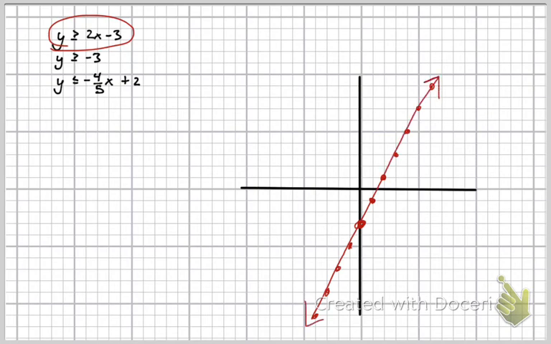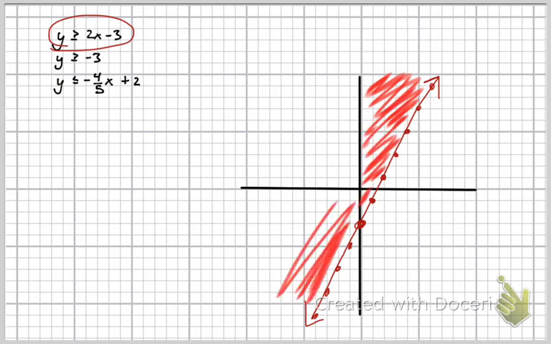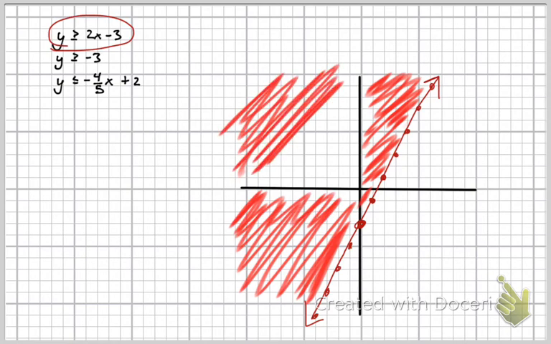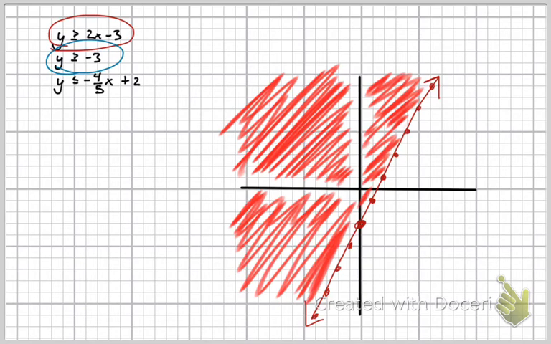We're looking for points that are greater than that. So I'm going to start a little bit above the line, and then color in that whole side of the line of the graph. Now I need to graph my next line, y is greater than or equal to negative 3.